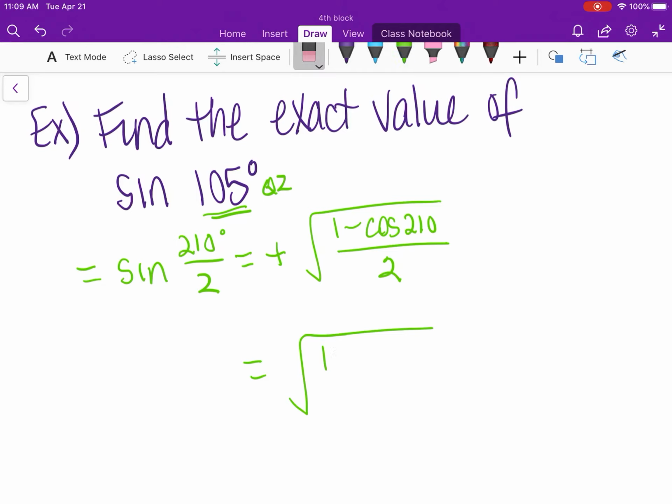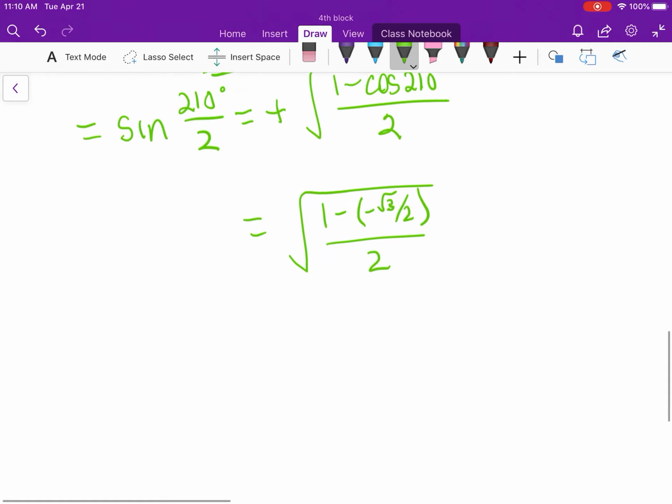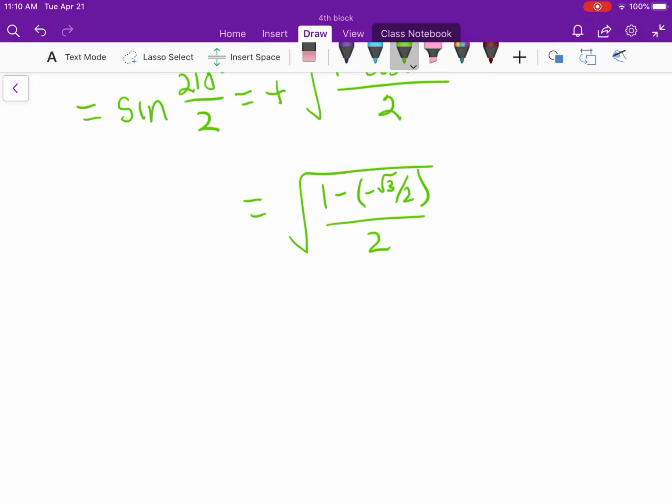And this is actually minus a negative radical 3 over 2. And that's all over 2.